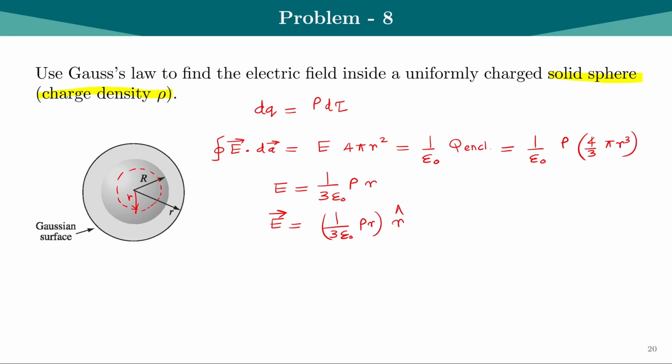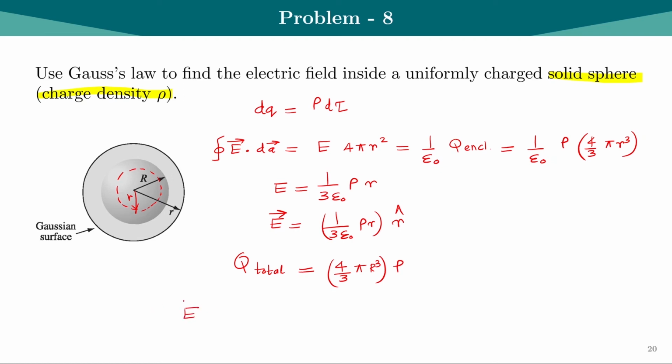Let's now try to rewrite this equation in terms of the total charge Q total. The total charge on the solid sphere is related to the charge density as 4 over 3 pi R cubed times rho.